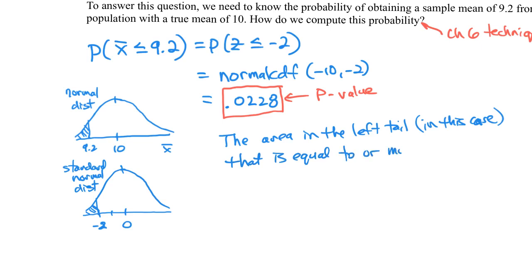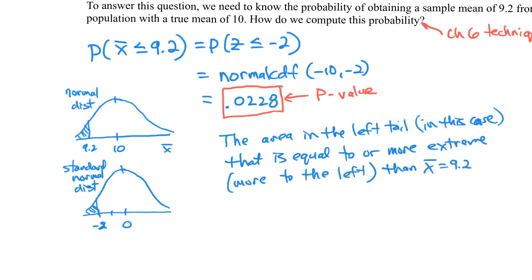So it's the area in the left tail that is equal to or more extreme, which means more to the left, so it's equal to or more extreme than x bar equals 9.2, or in other words, z equals -2.